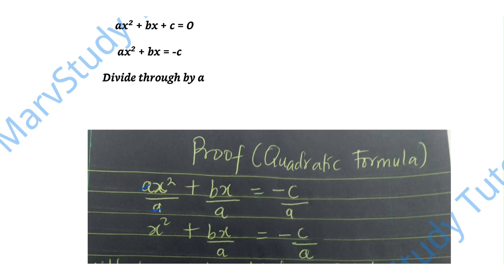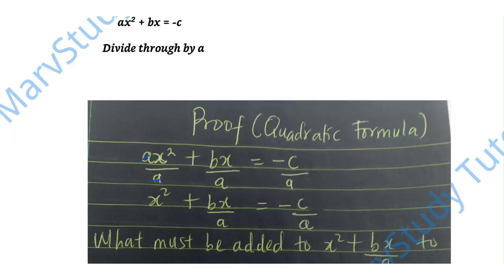So moving on, the next step towards getting the proof of the quadratic formula is to add a particular expression to x squared plus bx over a to make it a perfect square. That's where the proof is derived from.